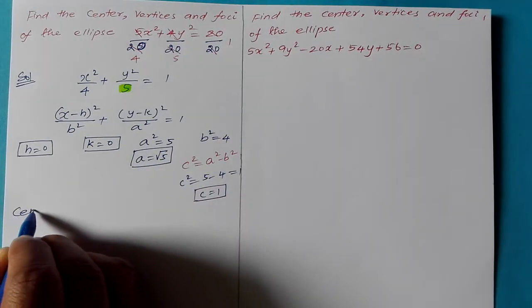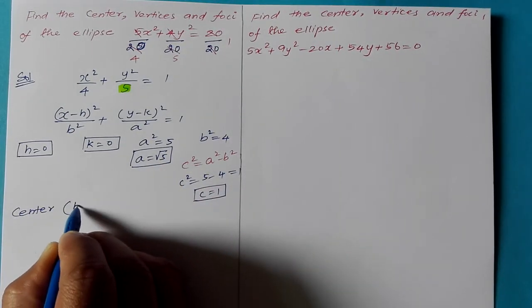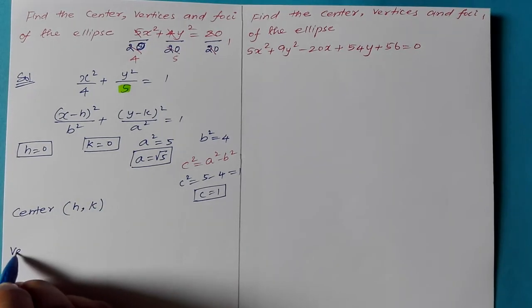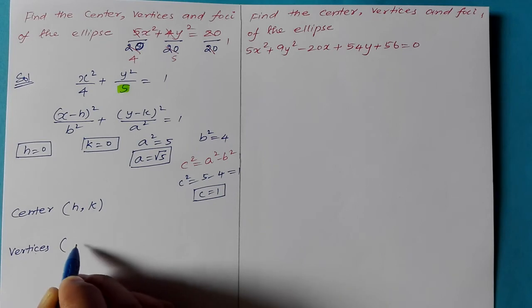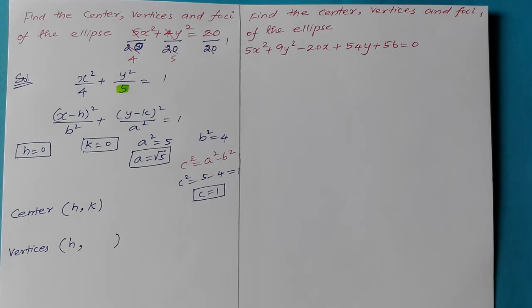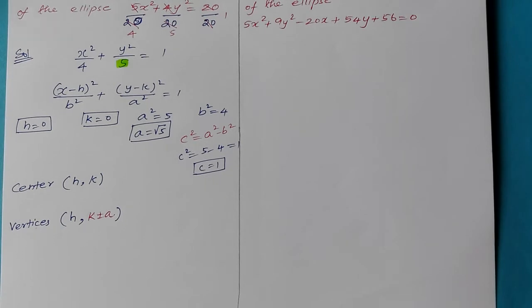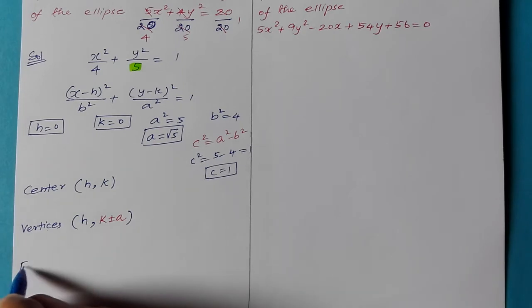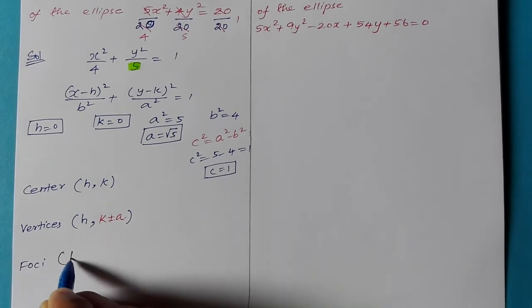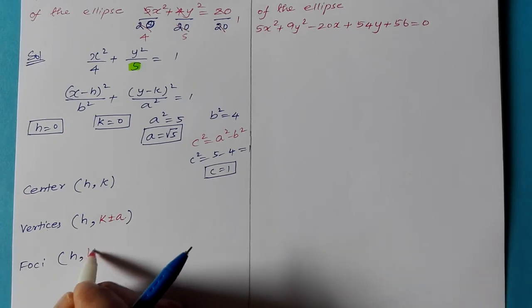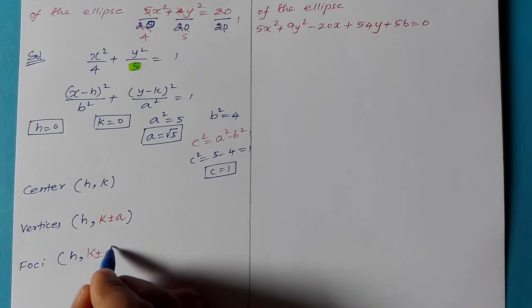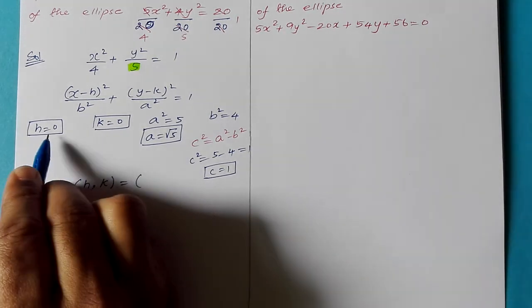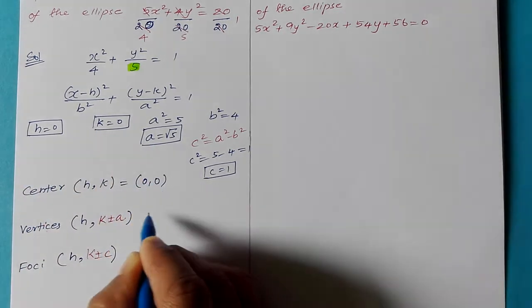Now what is the center? Center is h comma k. Vertices change in y, therefore x remains same. Here k plus or minus a. Now the next one, we have foci, h comma k plus or minus c. Now substitute the value h, k. This is 0 comma 0.